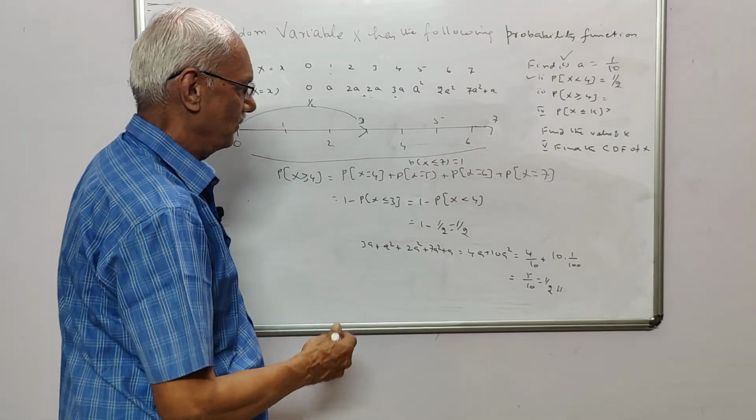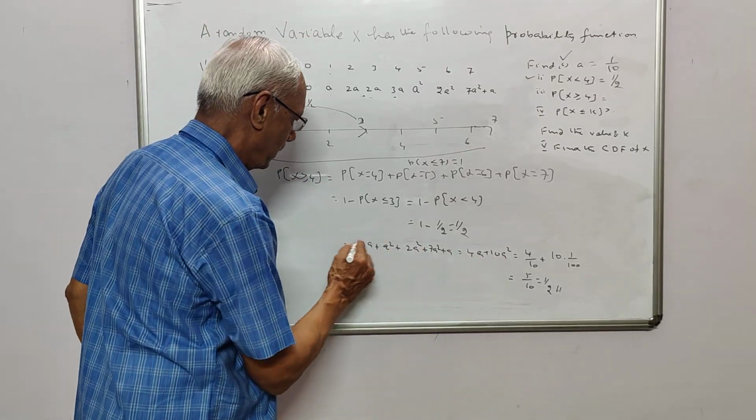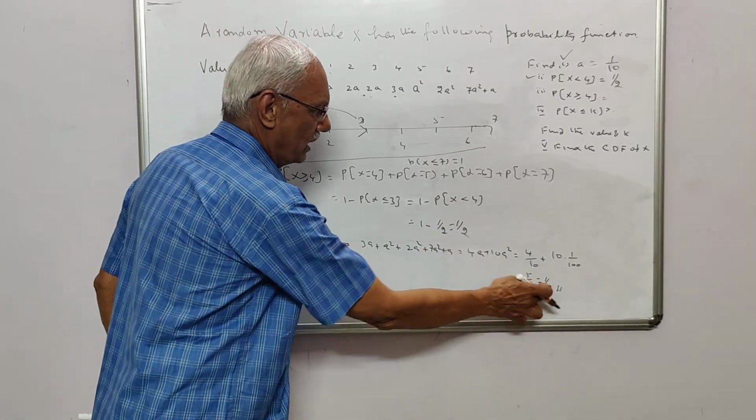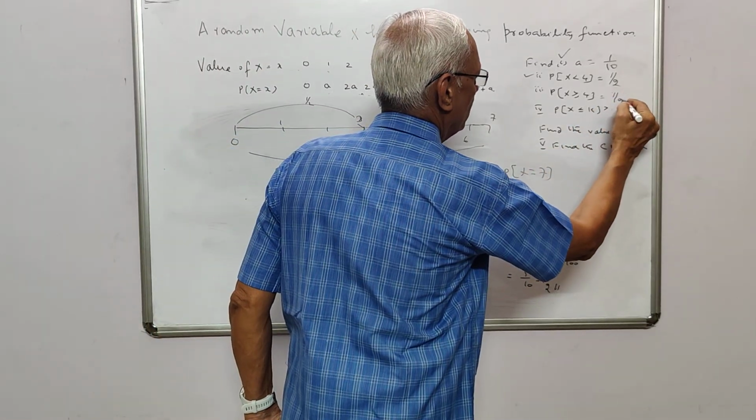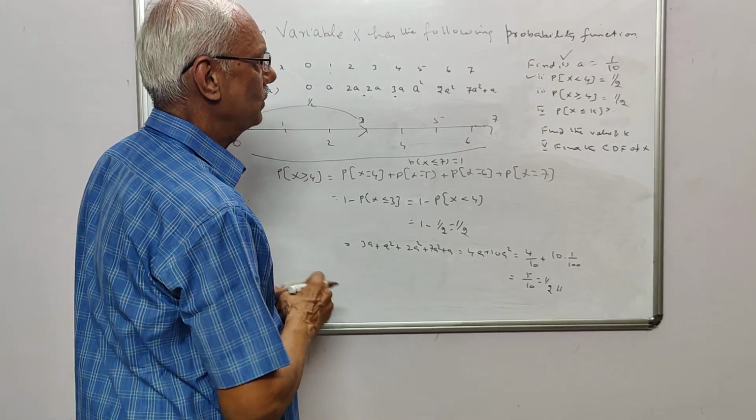So you see that whether you do like this or 1 minus of this, you are getting the same answer. So this is equal to your half. So this is over.